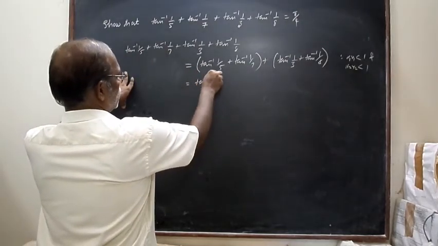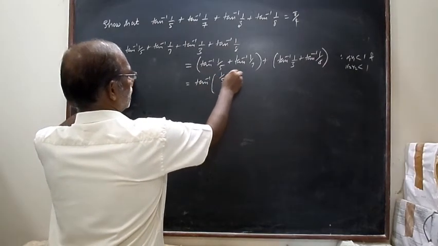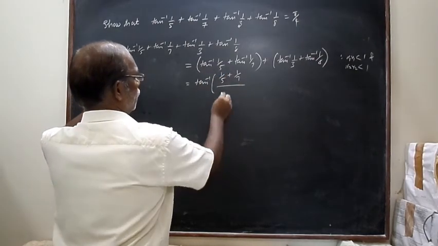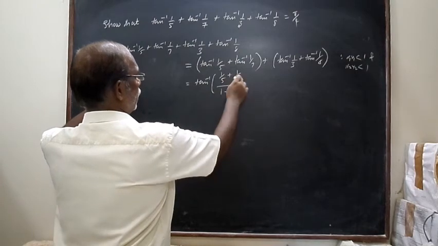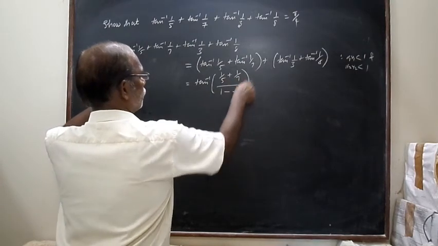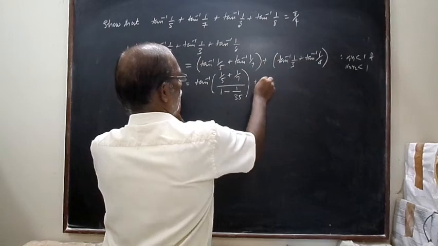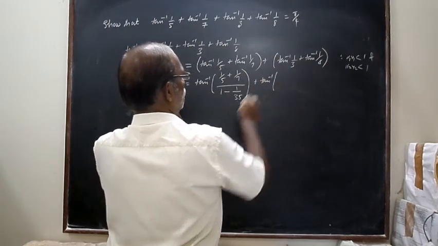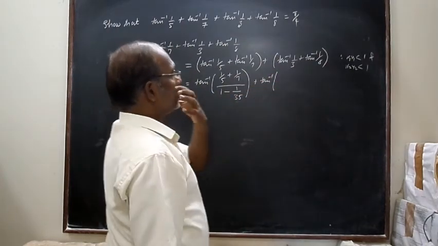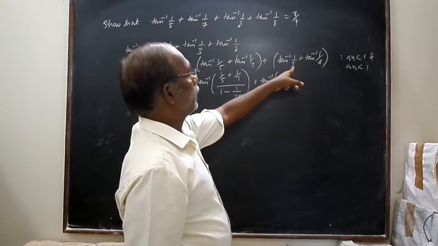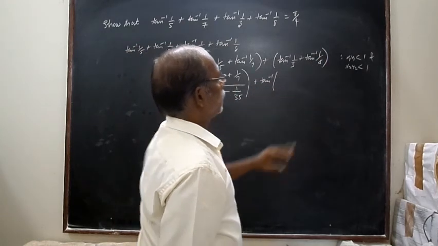So tan inverse of (1/5 plus 1/7) over (1 minus 1/5 times 7, that is 1 minus 1/35). And the second term also takes the straight formula because x2 y2 is less than 1. We are assuming 1/3 is x2 and 1/8 is y2.